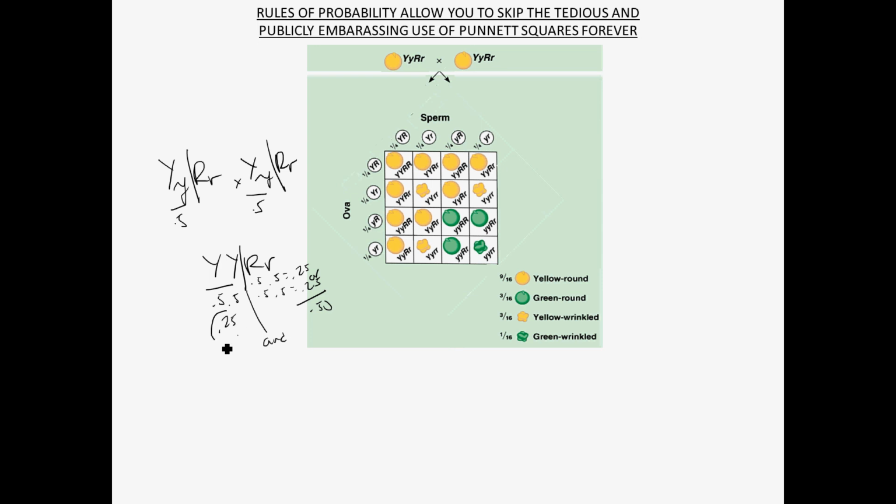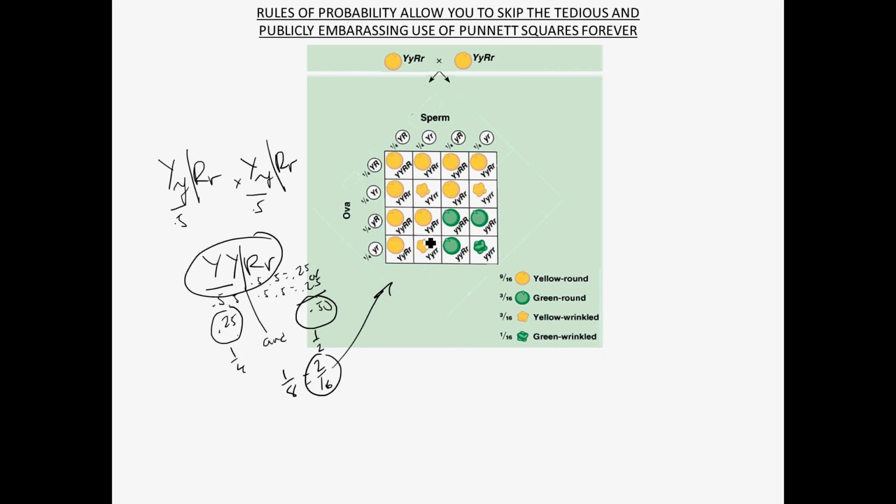I multiply those two things together. So 1/4 times 1 out of 2 is 1 out of 8, so this is 2 out of 16. So 2 out of these 16 boxes up here should have this genotype in it.